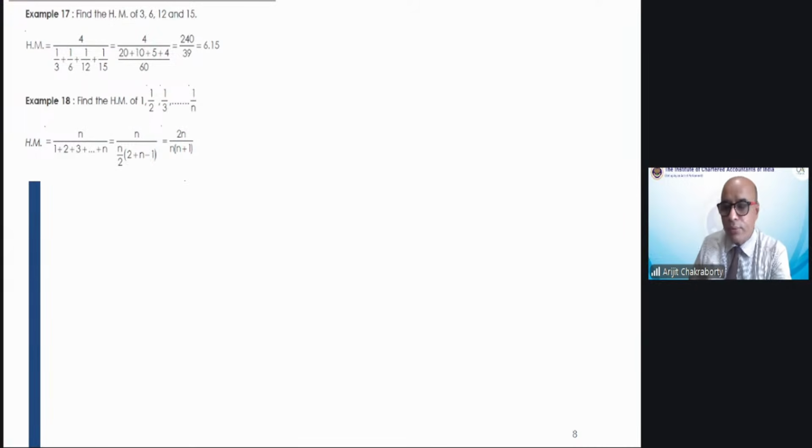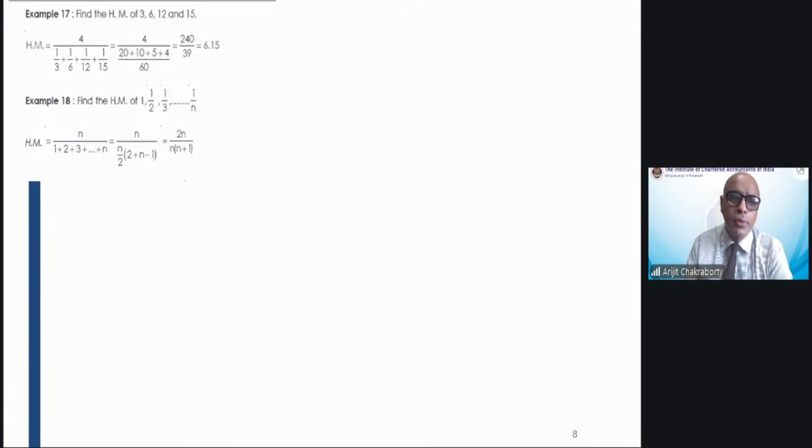Here also we will write n in the numerator. In the denominator, the given numbers will be inverted because we need to find the reciprocal of the numbers when we are calculating harmonic mean.